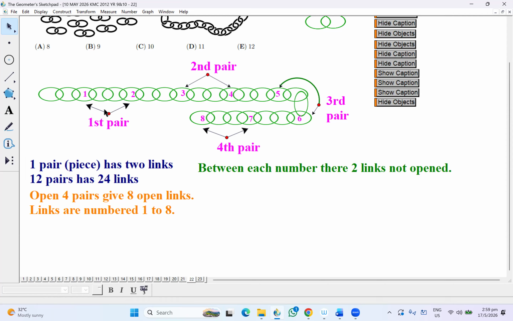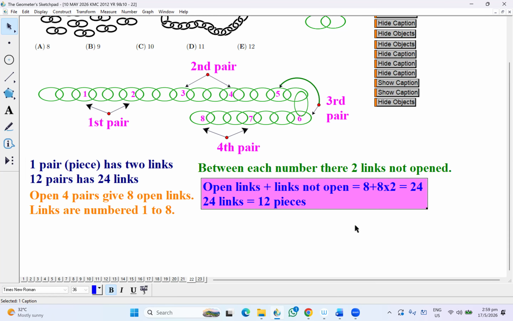So 1, 2, 3, 4, 5, 6, 7, 8, that is 8 sets of links not open. Open 8 links: 4 pieces opened become 8 open links. Then the unopened pieces are 8 times 2, 16. So in total we have 24 links, which is 12 pieces.